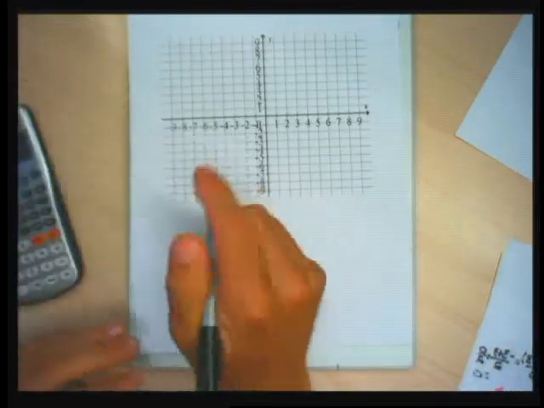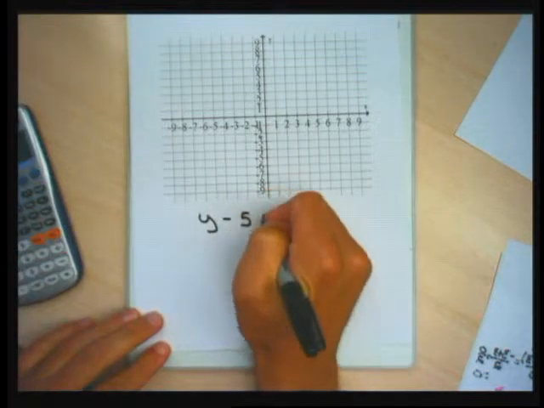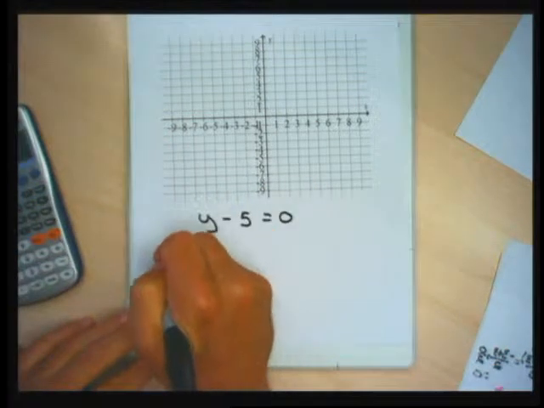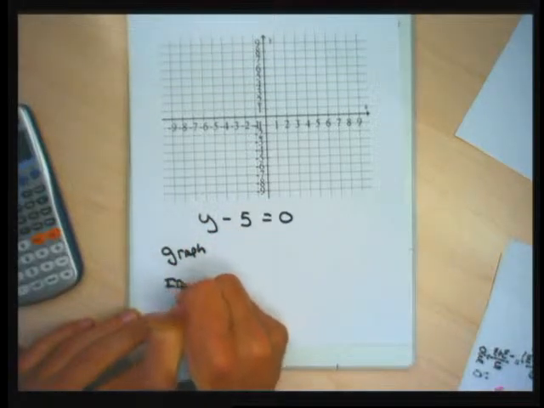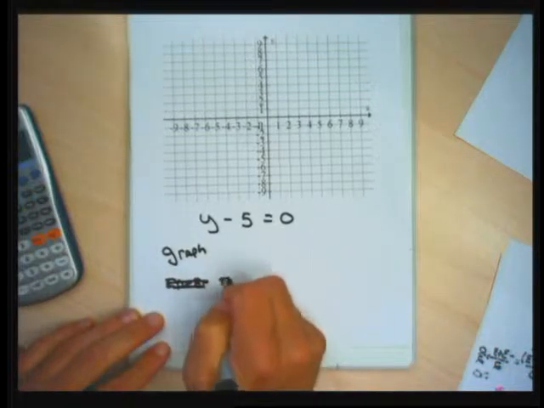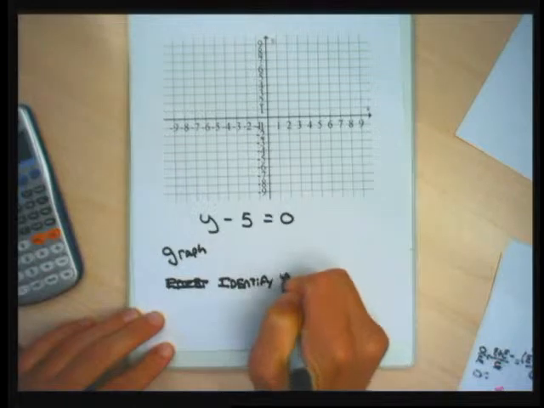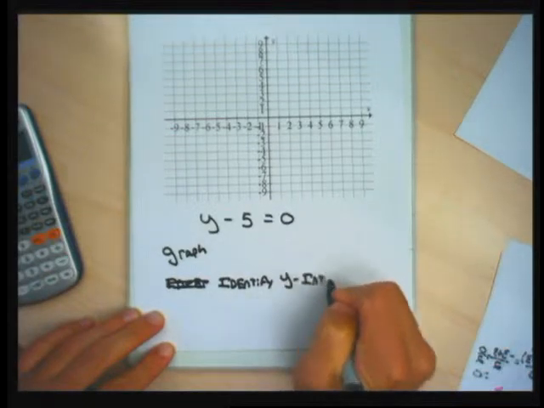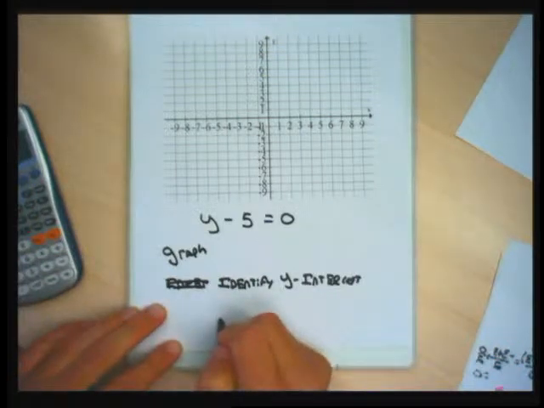If I gave you something like this, y minus 5 equal to 0, and I asked you to graph, identify the y-intercept, if I could actually spell that, and find the slope.